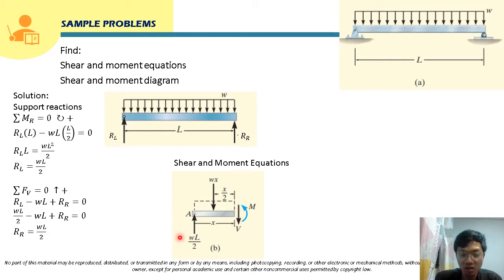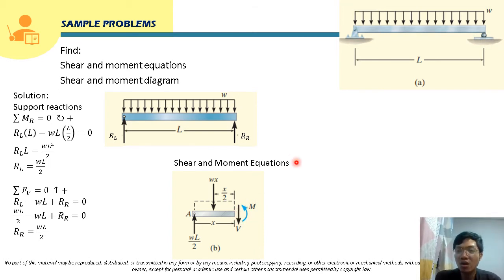And for the moment, it should cause the segment of the beam to bend concave upward, so it will be drawn this way. So this is the moment and this is the shear.